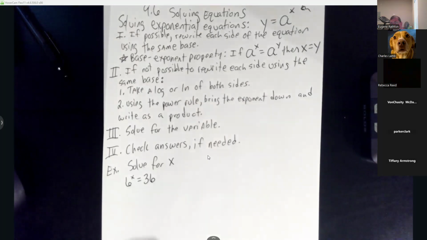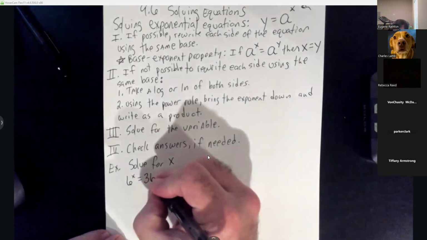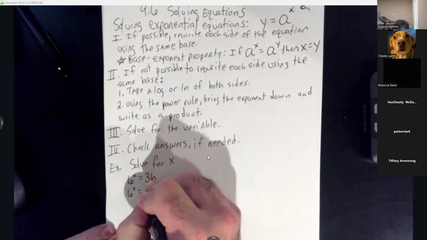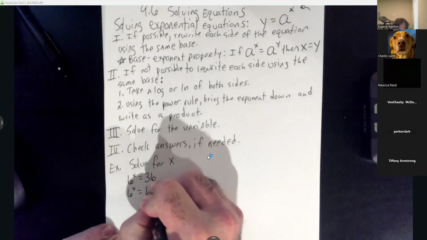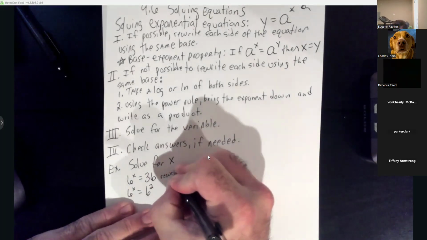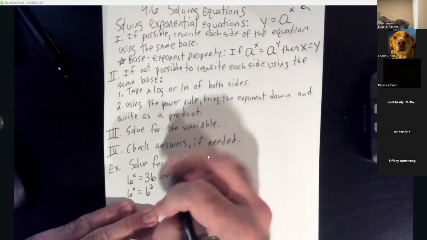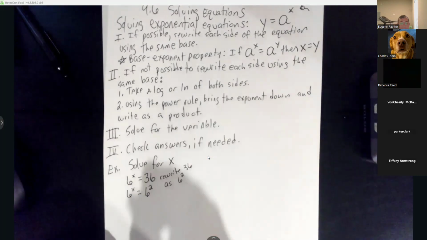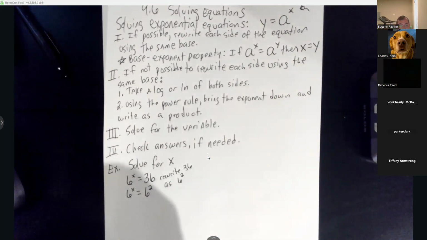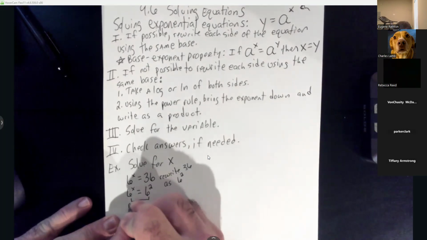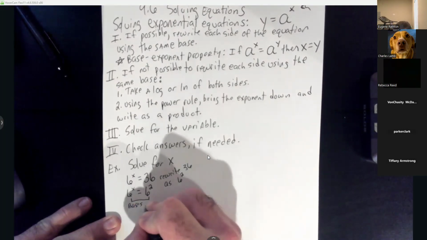So Tiffany, good job. That'd be an exponent of 2. So what I'm going to do is rewrite 36 as 6 squared. So that one we could actually do that. So now, if you notice, the bases match.